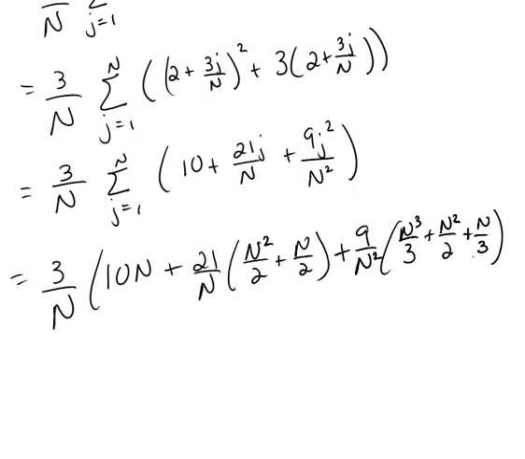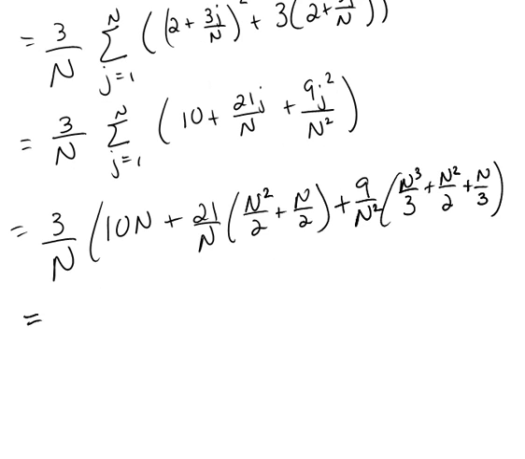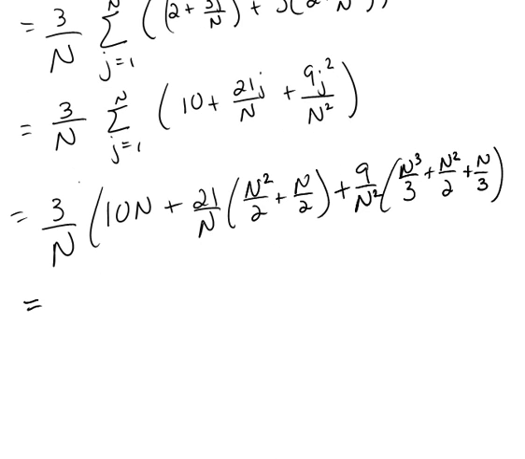All right. Okay, and now we can do some distributing and cleaning up here to see what we would get. And in the interest of time, because it's only 5 minutes on these little videos, you can distribute through, cancel what you can. You get 141 over 2 plus 45 over n plus 9 over 2n squared.